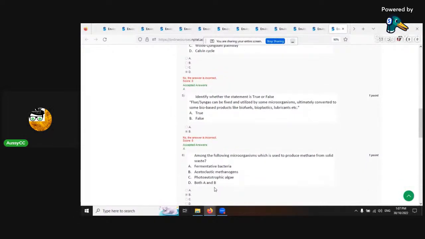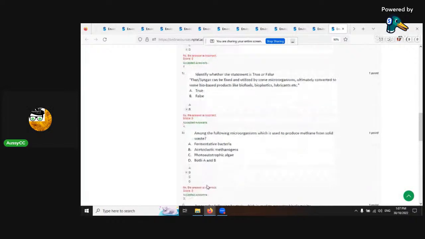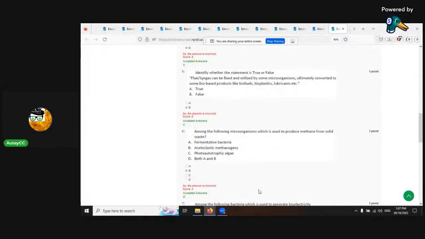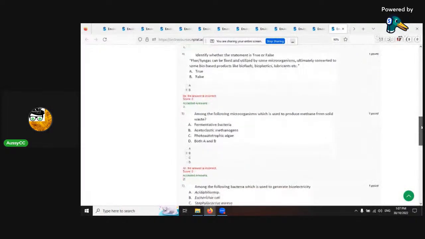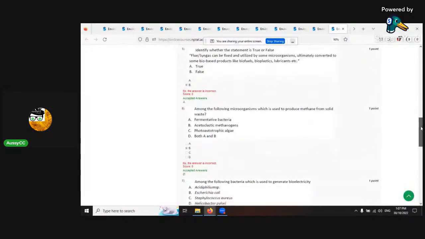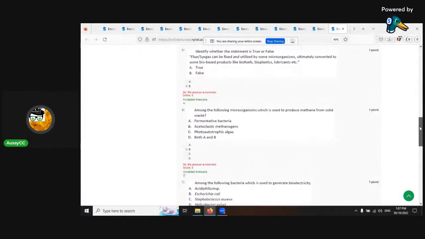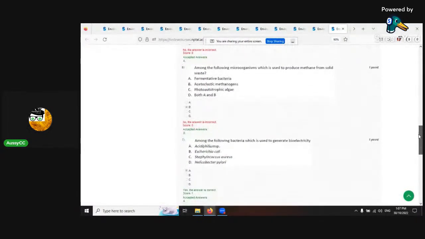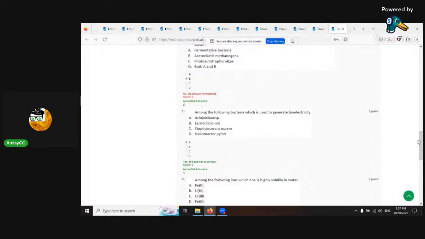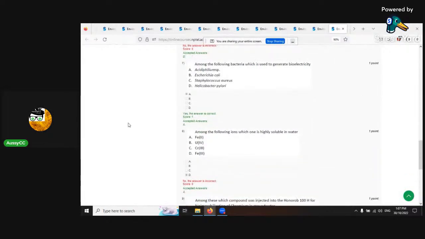No. D. It's D. Among the following bacteria which is used to generate electricity, you want your acidophiles to produce electricity. Acidiphilium species. They generate millivolts, but the millivolts add up. Among the following ions, which one's highly soluble? It's A. Ferric, not ferrous.